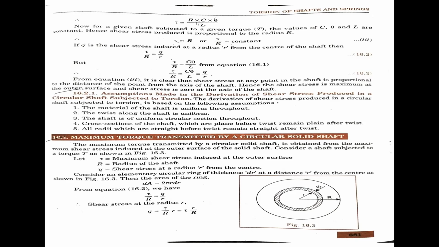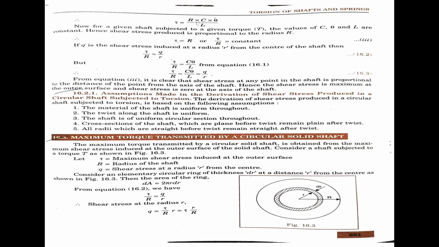Cross sections of the shaft that are plane before twist remain plane after twist. All radii which are straight before twist remain straight after twist.